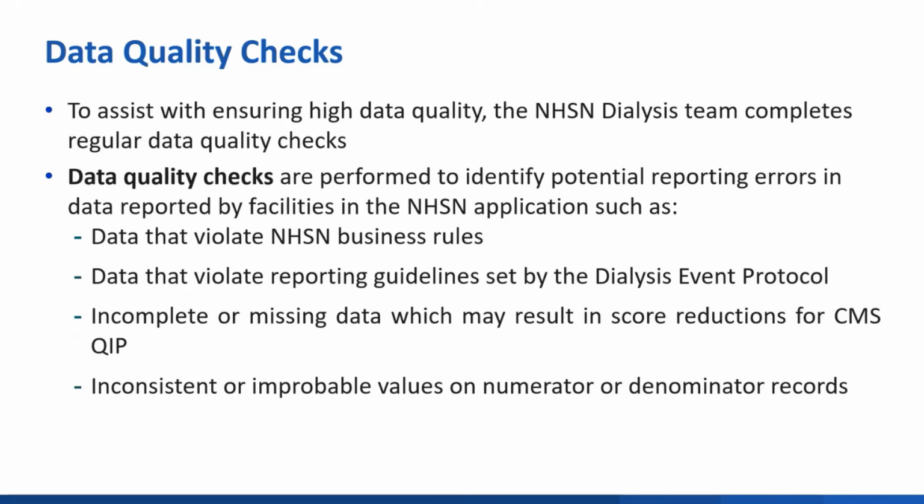We complete these checks every 3 months to identify potential reporting errors in the data reported by facilities in the NHSN application, such as data that violates our business rules, reporting guidelines that are set by the dialysis event protocol, any incomplete or missing data which might result in a score reduction for CMS QUIP, or any inconsistent or improbable values on either the numerator or the denominator records.